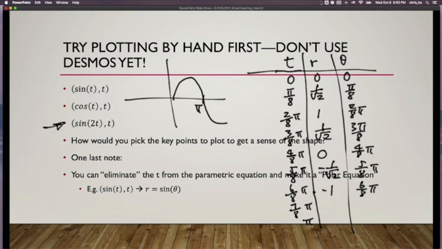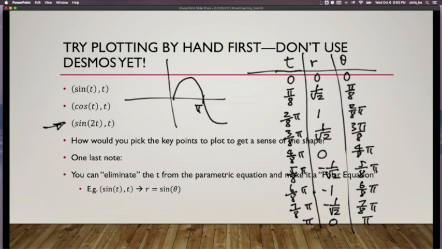At 7/8 pi, again multiplied by 2, it becomes 7 pi over 4, and the value is -1 over root 2. And then finally at pi, 2 times pi would be 2 pi, and sine of 2 pi is back to 0 again, and this is at pi.